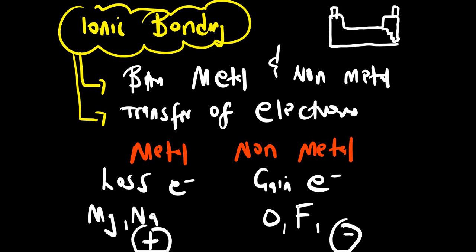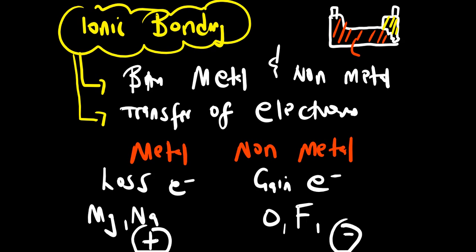The elements in this region are non-metals. Then the rest are metals. So you can see that on the periodic table you have more metals than non-metals.